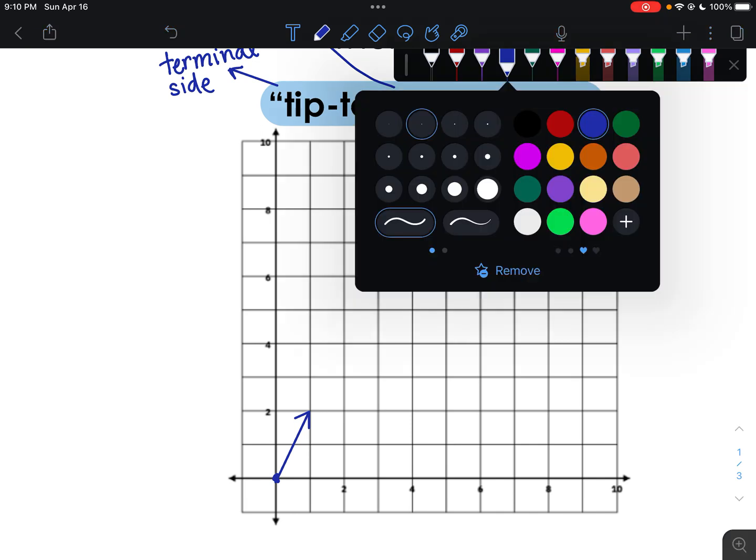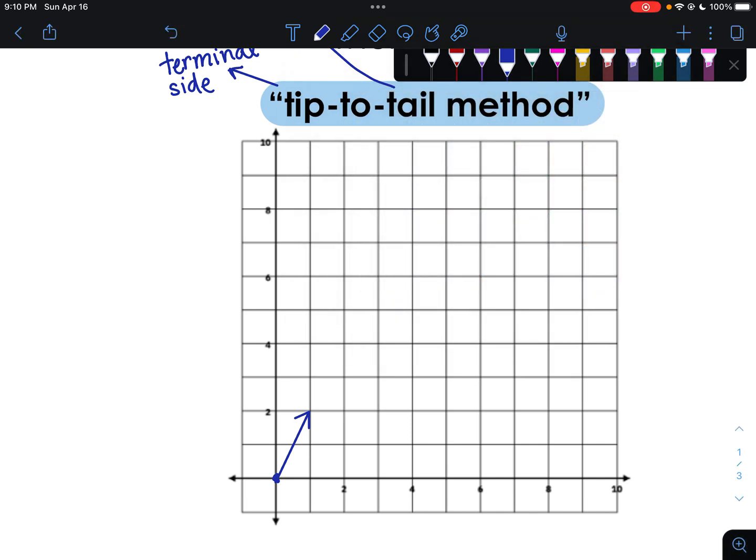That right there represents vector v. If I am going to add vector u, I am going to start at the tip of vector v. The tip of vector v is this right here where the arrow is. It is the terminal side. This is the tail. This is the tip.